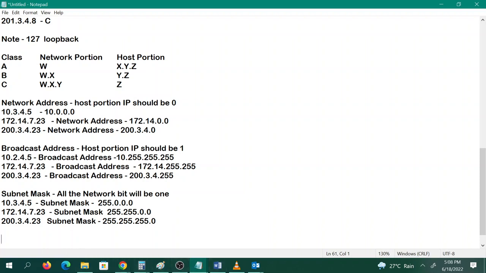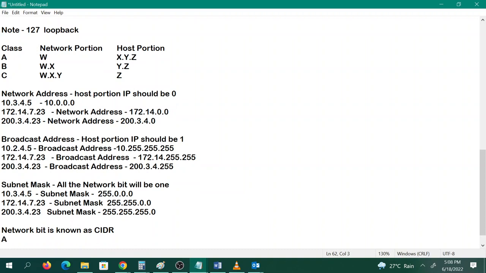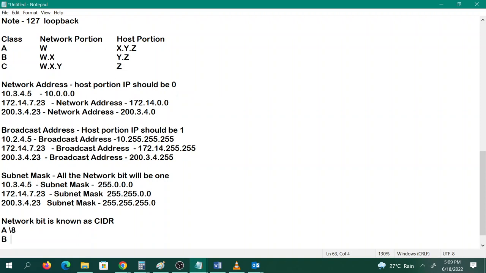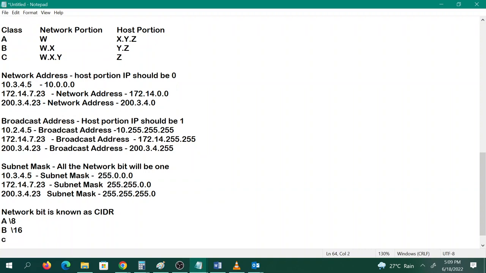The count of network bits is known as CIDR. So for class A it is 8, for class B it is 16, and for class C it is 24.